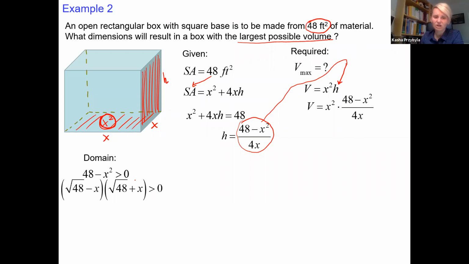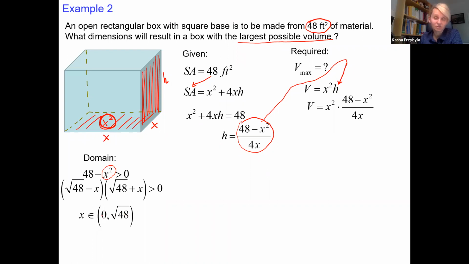We can solve the quadratic inequality, but you can think that if this is square root of 48, the numbers cannot be greater than square root of 48, because then this quantity will be negative. That means just positive numbers, but not greater than square root of 48. The endpoints are not included because it's an open interval, and it doesn't even make sense to use them, because I can't have x equal 0.